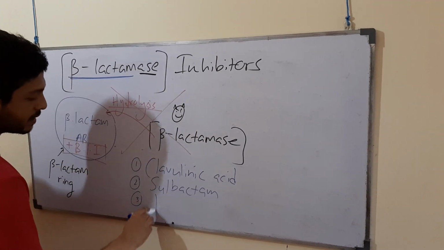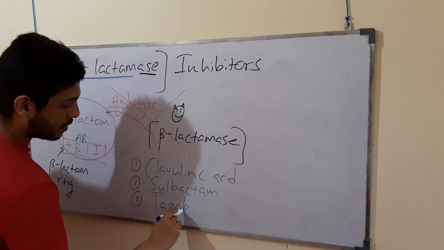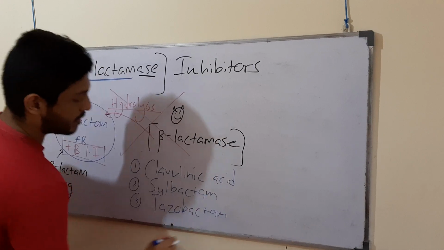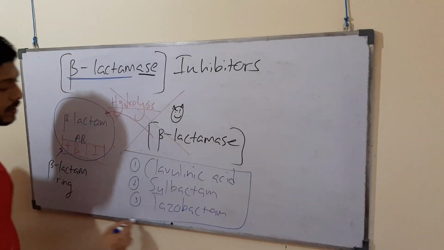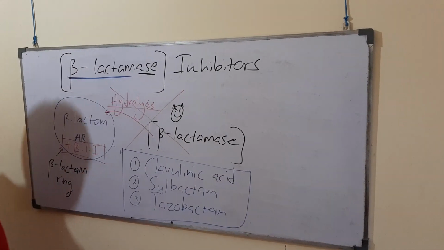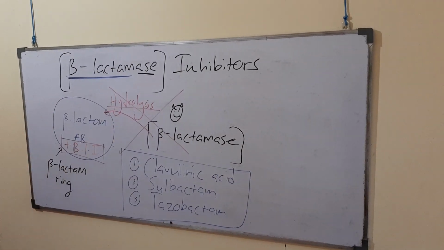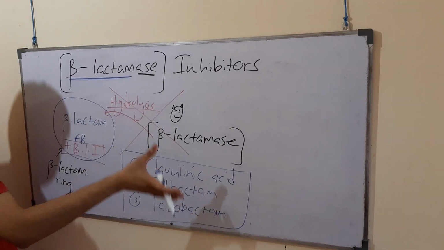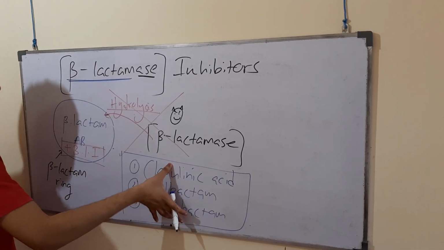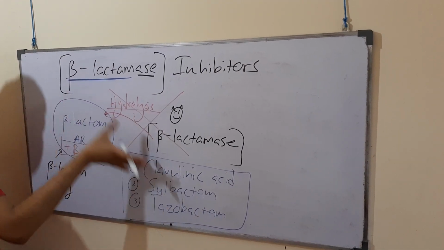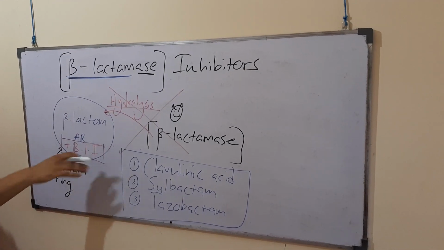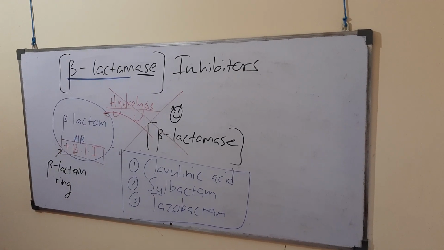Or we can talk about tazobactam. So these types of molecules are known as beta lactamase inhibitors, right? So what we do, like I said before, is combine these beta lactamase inhibitors with the beta lactam antibiotic to broaden their spectrum, right?